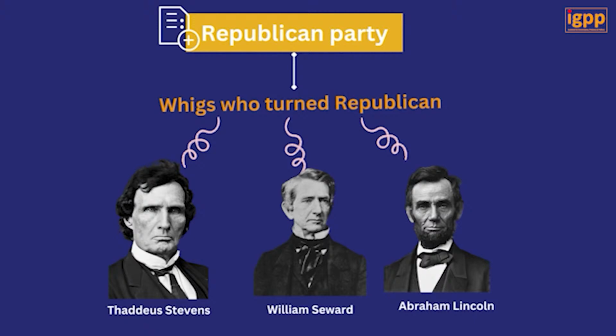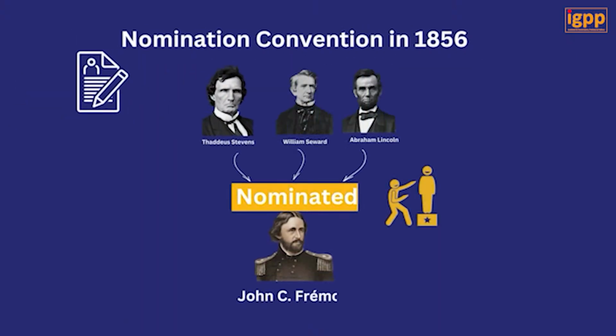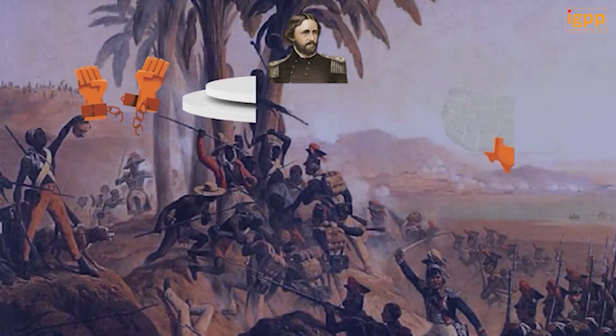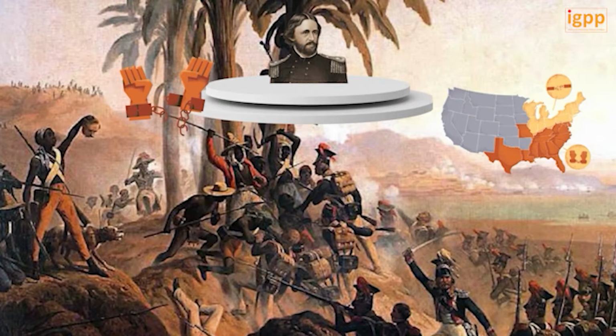Among the former prominent Whigs who turned Republican were Thomas Stevens, William Seward, and Abraham Lincoln. At their first presidential nomination convention in 1856, the Republicans nominated John C. Fremont on a platform that called on Congress to abolish slavery in territories, reflecting a widely held view in the North.